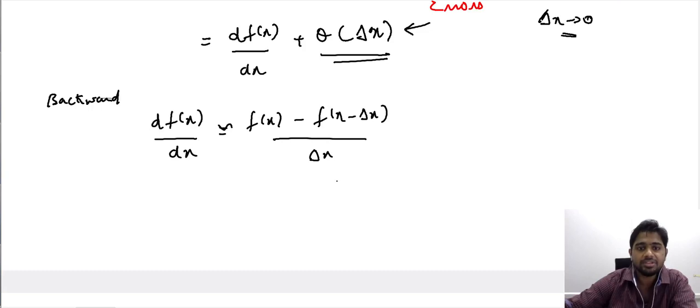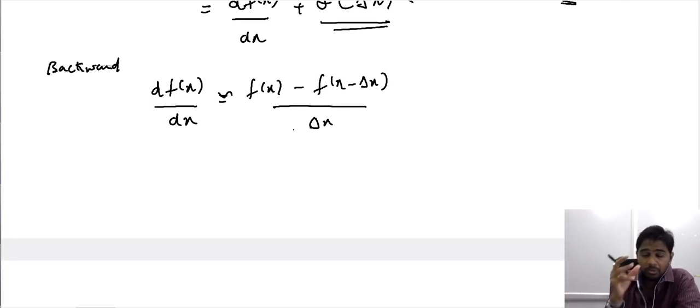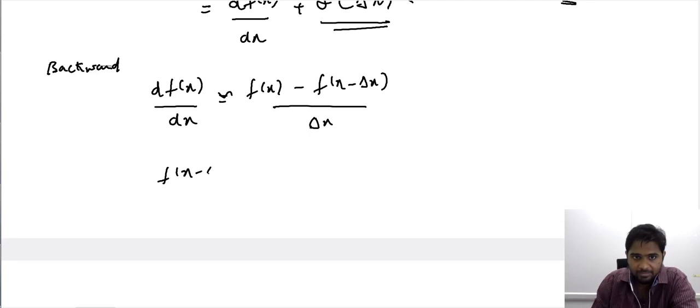Now that we have seen how we can handle such an approximation, to gain a qualitative understanding of the error associated with it, we will try to expand this function, that is f of x minus delta x, using Taylor series at the point x.